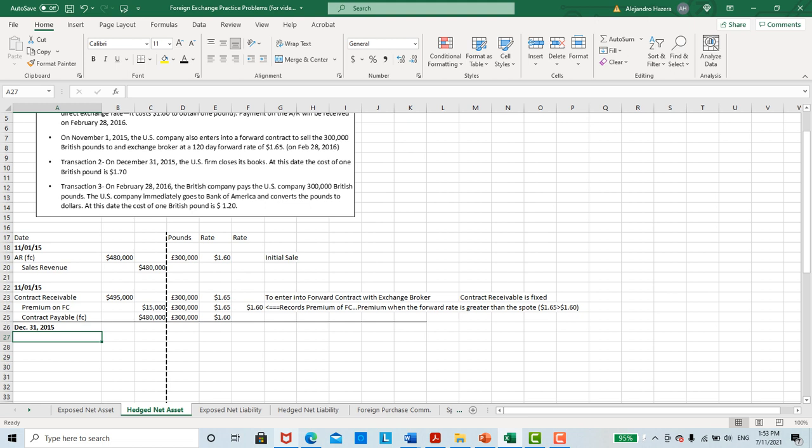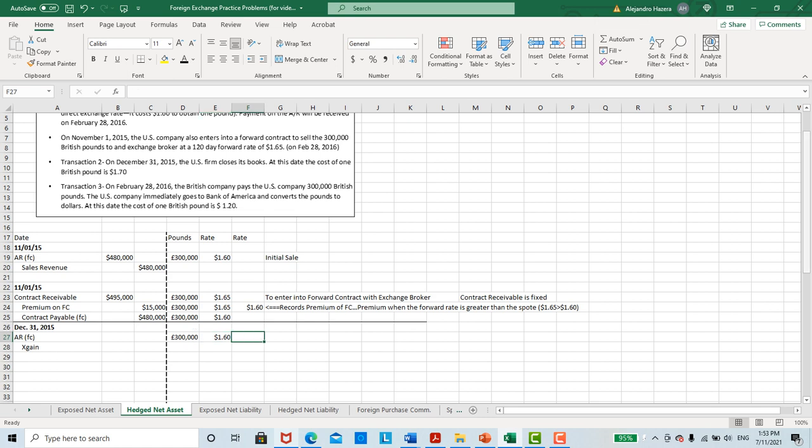Okay, so let's change the value of the account receivable first. So we're going to have account receivable. So we had the exchange gain here. Okay, and then we're going to have an exchange gain here. And these are the same numbers, same example as last time. Okay, so the account receivable is going to be 300,000. The original exchange rate that we valued it at was $1.60.